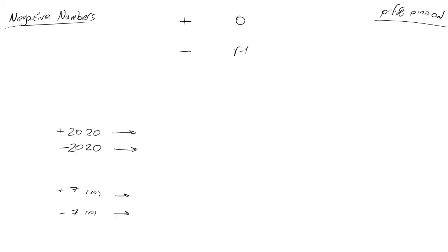Okay, negative numbers. Computers and various systems don't have the capability of using a plus or a minus sign. They don't know it. All they know is numbers and more numbers. So people have made a few conventions of how to denote positive and negative numbers.